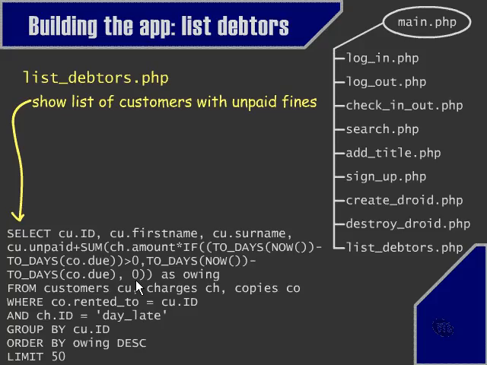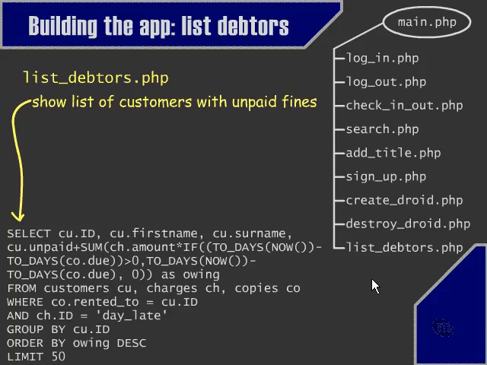The reason why we're including this particular if function is that if the video is not overdue, if it's not going to be due for another 2 days, the last thing we want is for the amount of the overdue video to be multiplied by -2, effectively giving the customer credit simply for returning a video early.